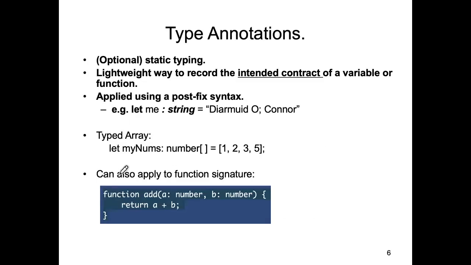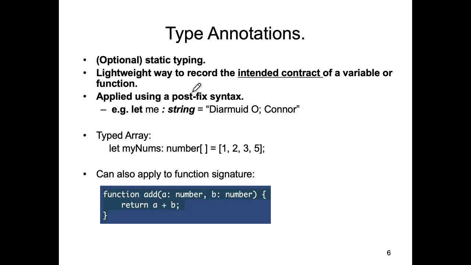Okay, let's see some TypeScript code. So the first thing that we need to know about TypeScript is how do we actually declare the type associated with a variable? When we declare a variable, we declare it the same way we do with JavaScript, we use the let and const keywords, but you add on a suffix onto the variable name, and I'm calling it a postfix here.